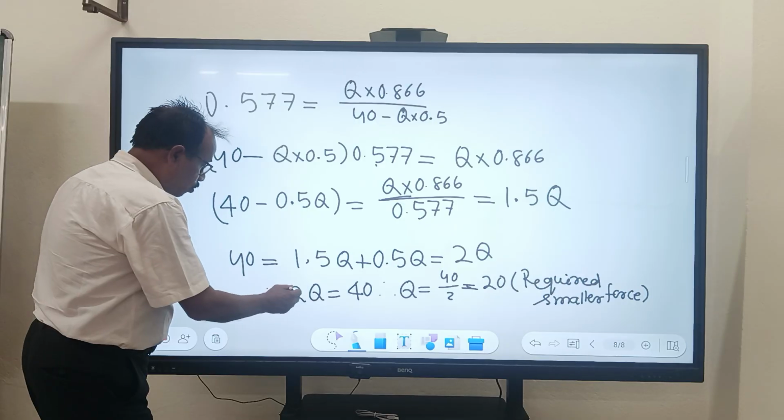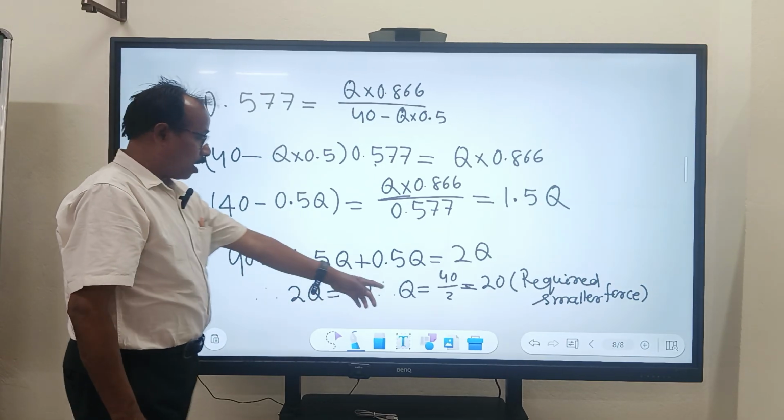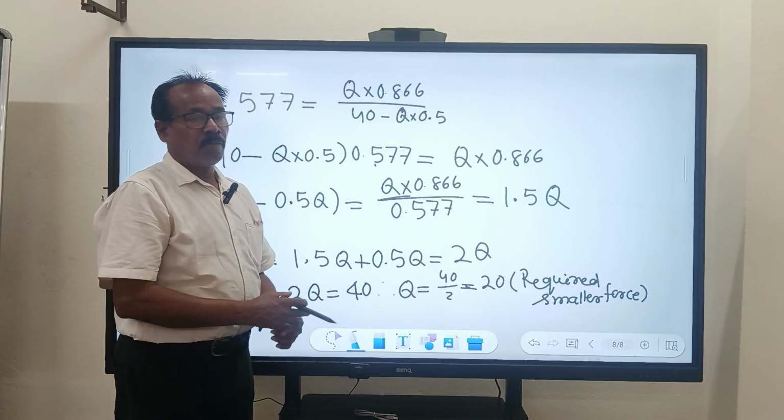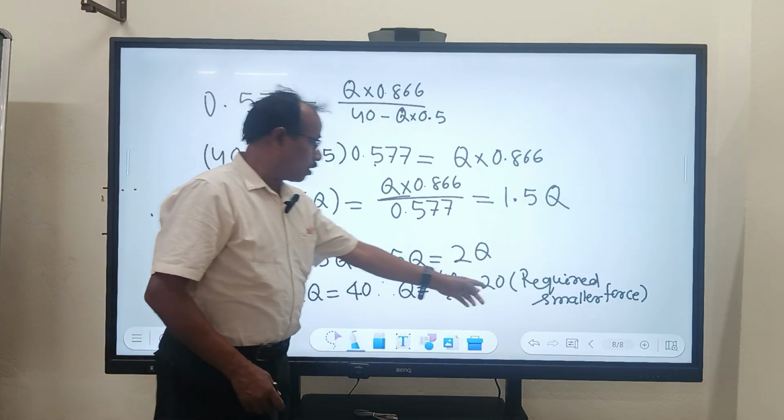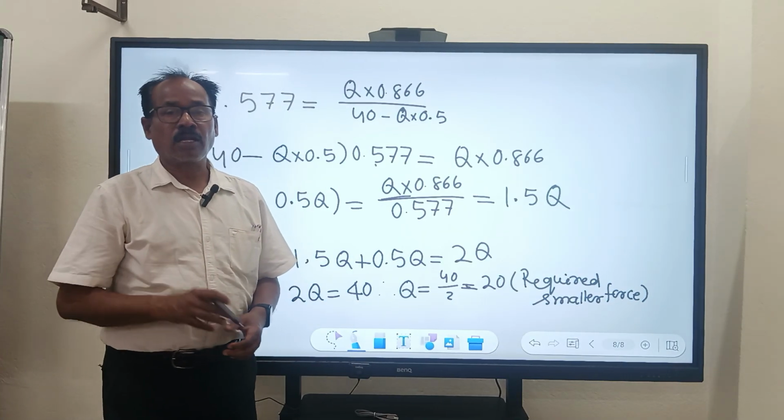Therefore, 2Q is equal to 40, or Q is equal to 40 by 2, which is 20. This is the required smaller force.